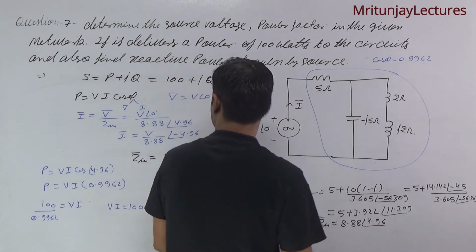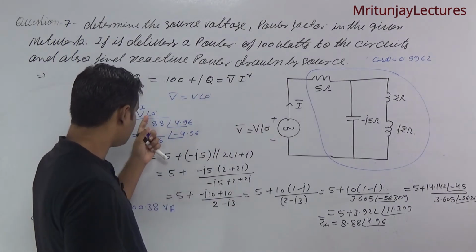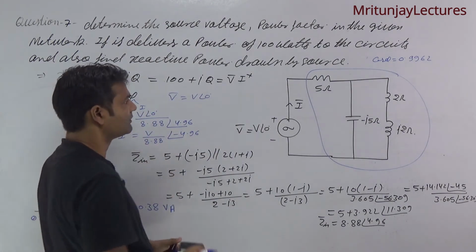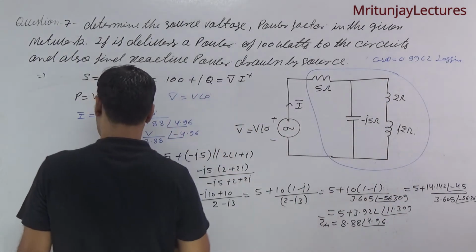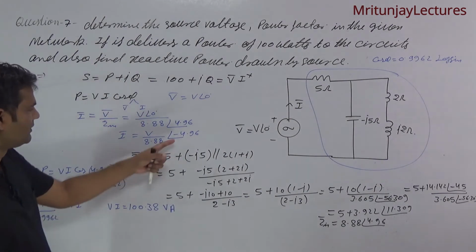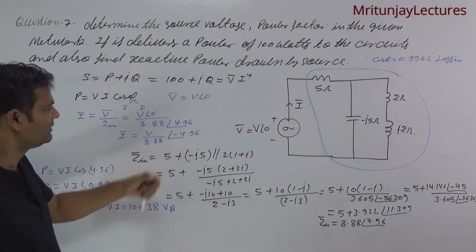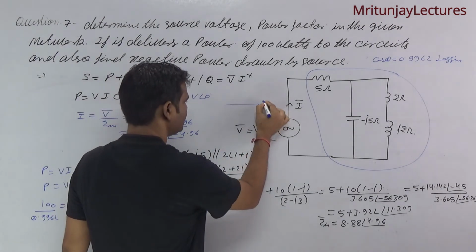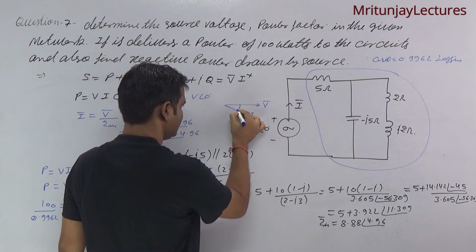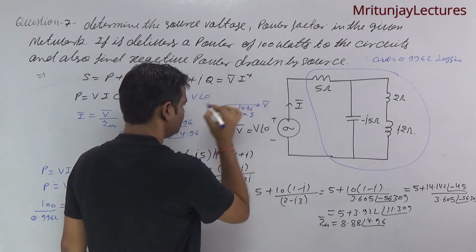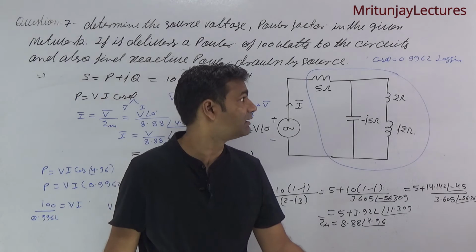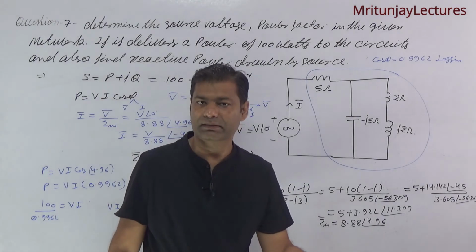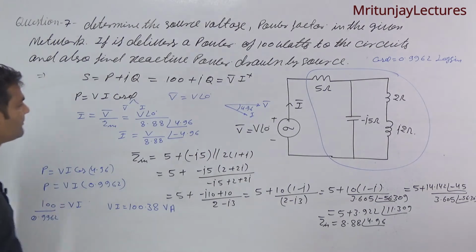Lagging or leading? V at the angle 0, I is lagging. So power factor is lagging. Why? Because if V is represented like this, then I is like this, meaning I lags. So the power factor is 0.9962 lagging.